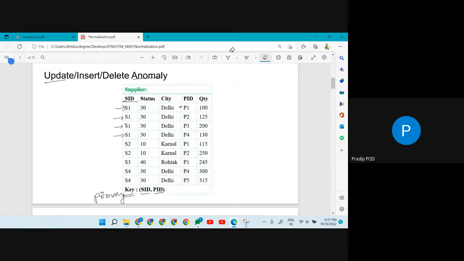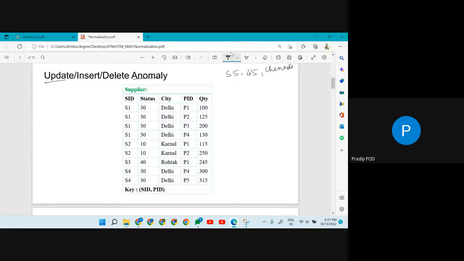And what is your insert anomaly? Suppose you have hired a new supplier, with supplier ID S5, with city, let's take Chennai, and the city status is 45, right?